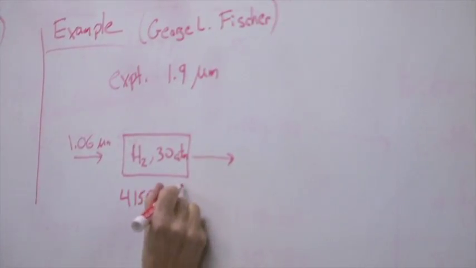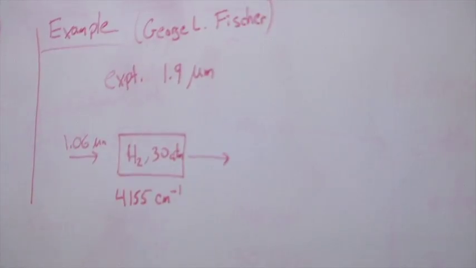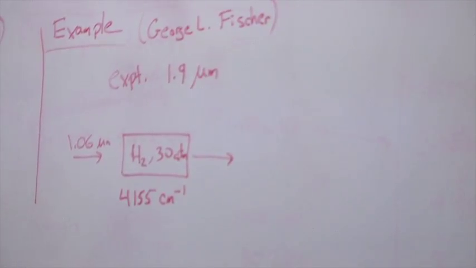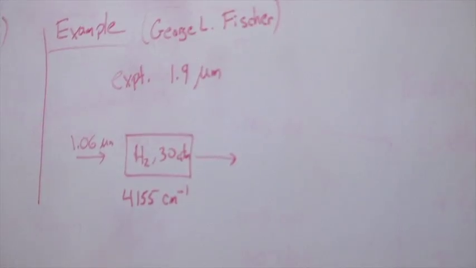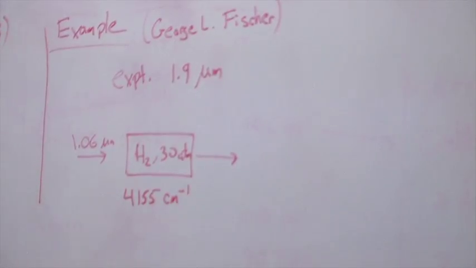hydrogen has the largest Stokes shift of any known molecular species because hydrogen is very light. And you know, chemical bonds, for the most part, will have similar spring constants. But if you have a very light mass, you're going to boost up the frequency.